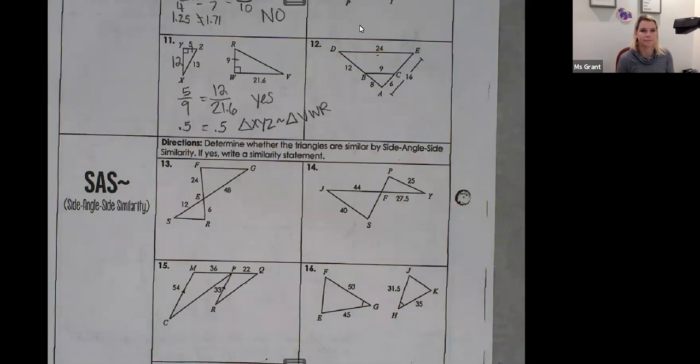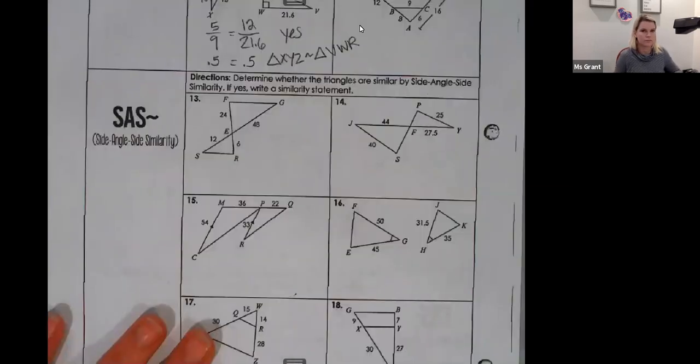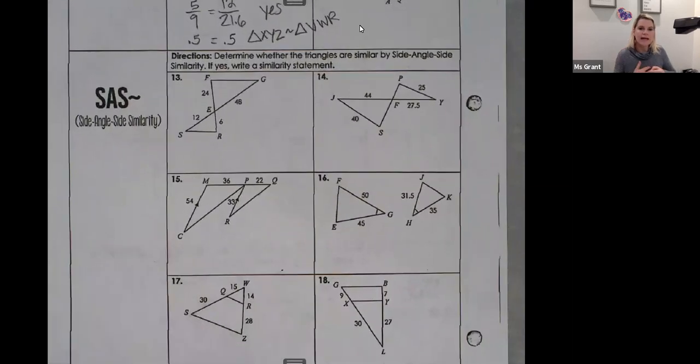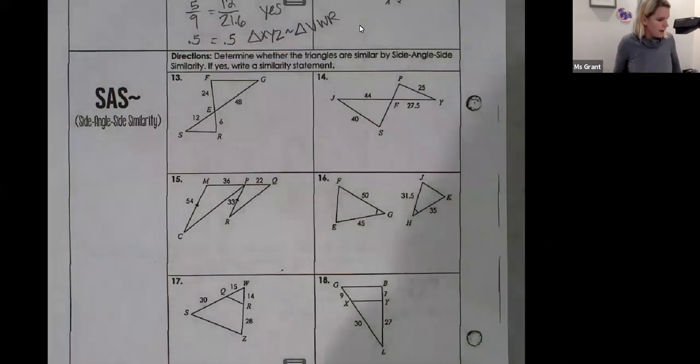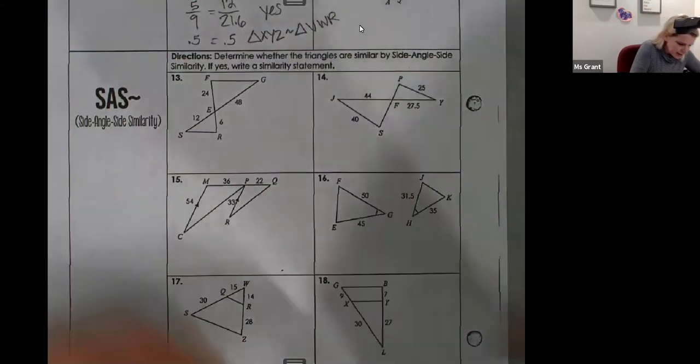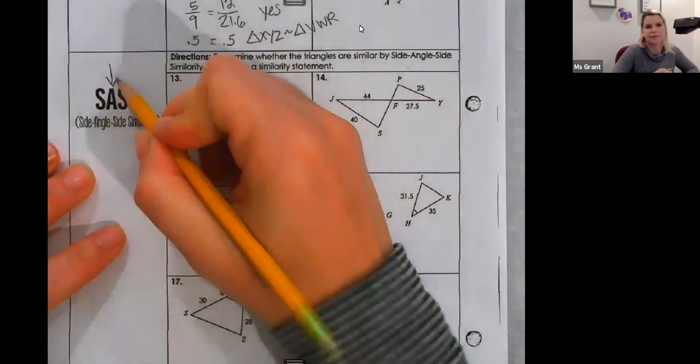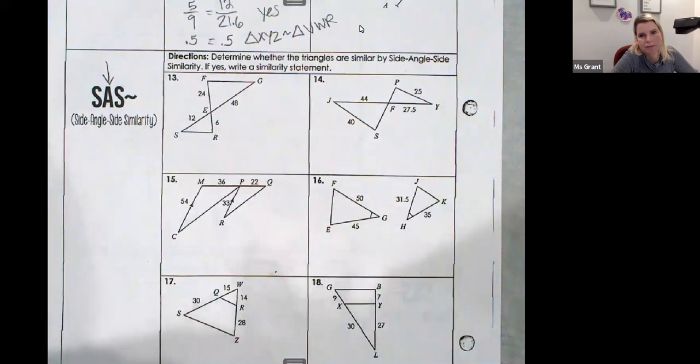Okay. Last few. Side angle side. Ready? Okay. The angle has to be in the middle of the two sides that are similar.